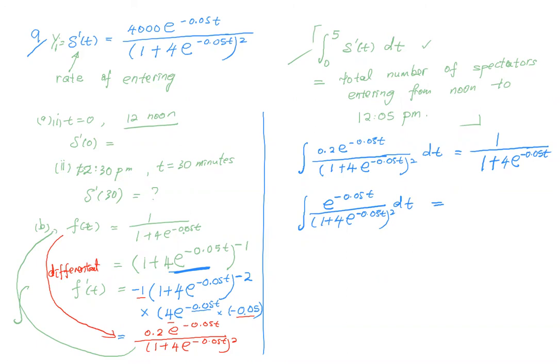So now, both sides I divide by 0.2. If I divide by 0.2 means times what? Divide by 0.2. So here I put 5. Can or not?